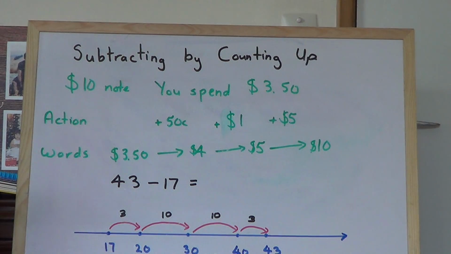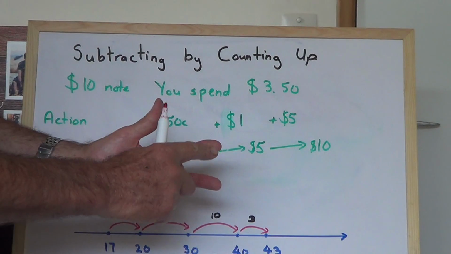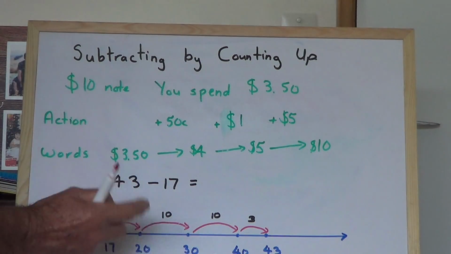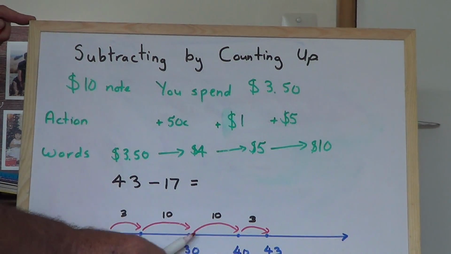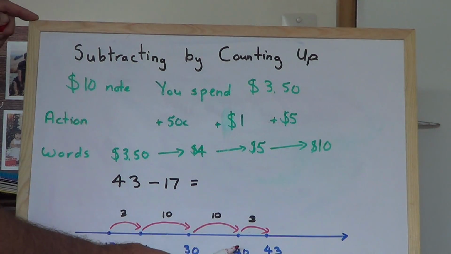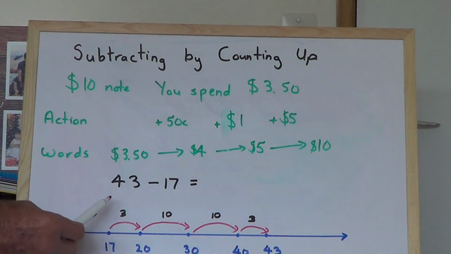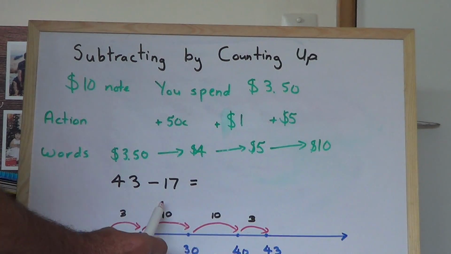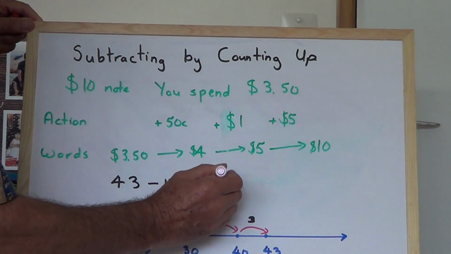Go 17, and on your fingers, 18, 19, 20, that's 3. And then when we go from 20 to 30, that's 10. 30 to 40, that's another 10. And when we go from 40 to 43, that's 3. So what have we got? We've got 2 3s, which is 6, 2 10s, which is 20. So the answer is 26.